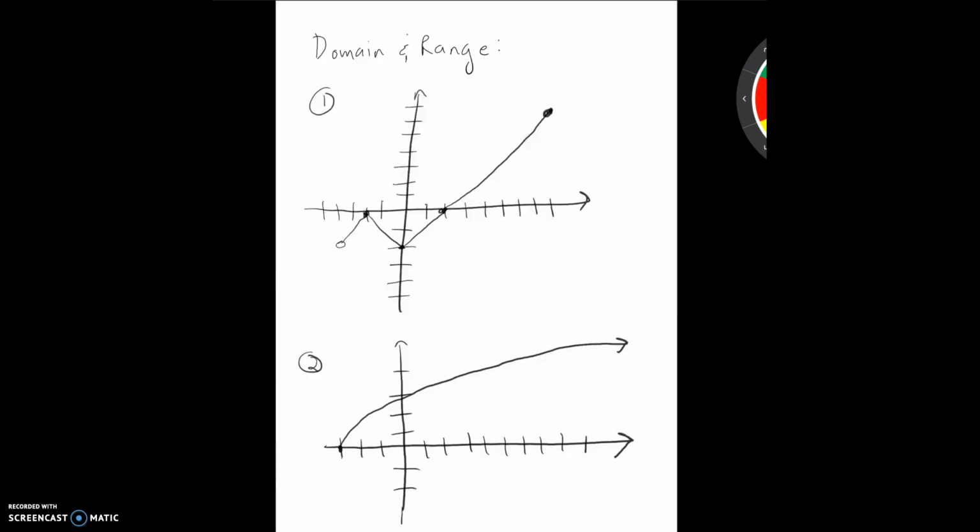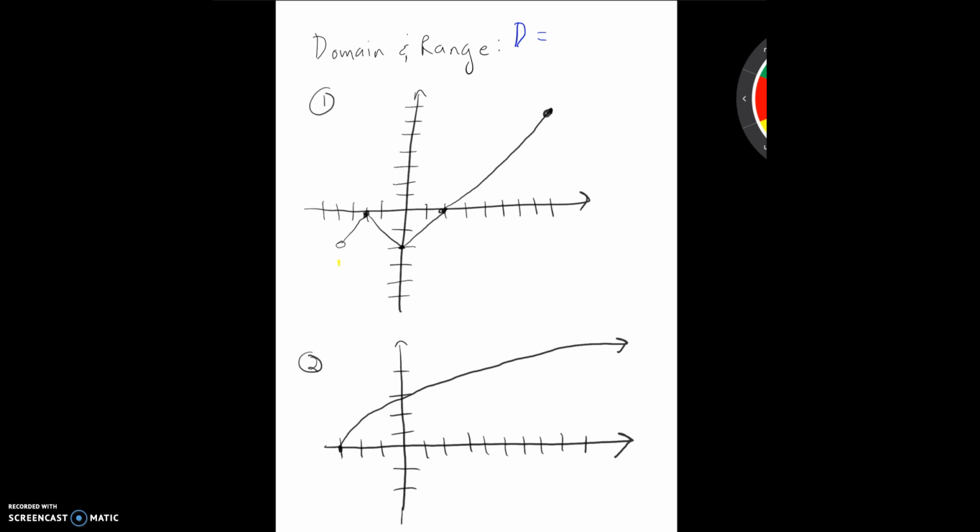Let's take a look at this first example. For number 1, I want us to make sure that we can identify both the domain and the range of this function, and we're going to write our answer using interval notation. Now, for the domain, I'm going to look at the x values. See if you can follow the yellow line that I'm drawing here.